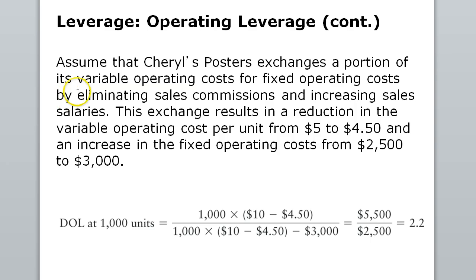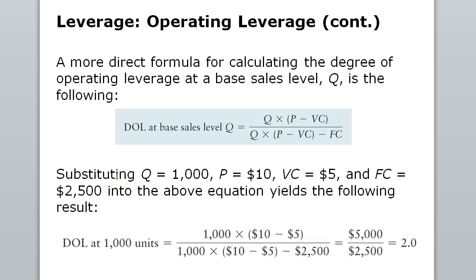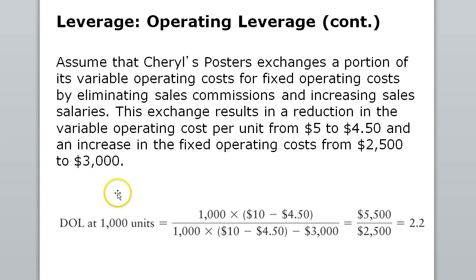So we'll go back to Cheryl's posters here. The degree of operating leverage is again, now what if this is a scenario here, the reduction in variable costs from 5 to 450, an increase in fixed costs from 25 to 3,000. So this is sort of a what-if scenario.